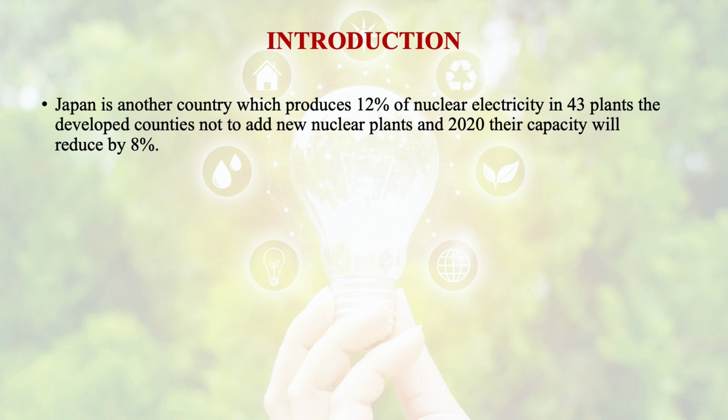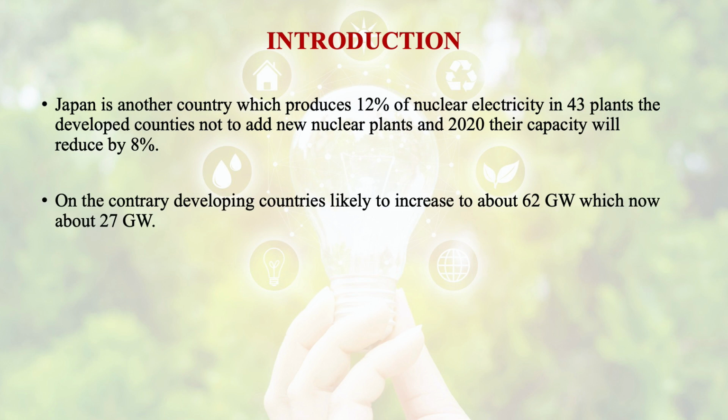Not to add new nuclear plants, and by 2020 their capacity will be reduced by 8%. On the contrary, the developing countries are likely to increase it to about 62 gigawatt, which is now about 27 gigawatt.